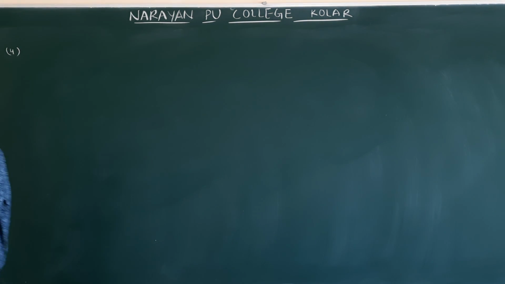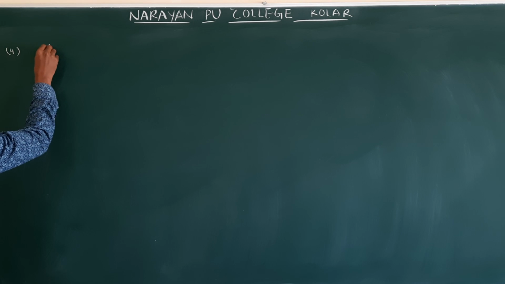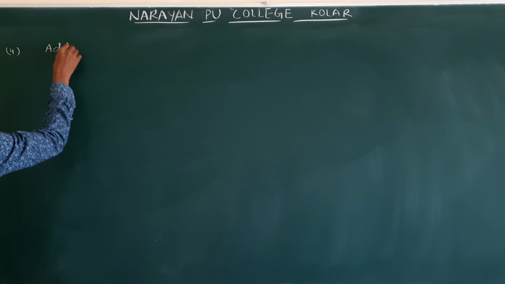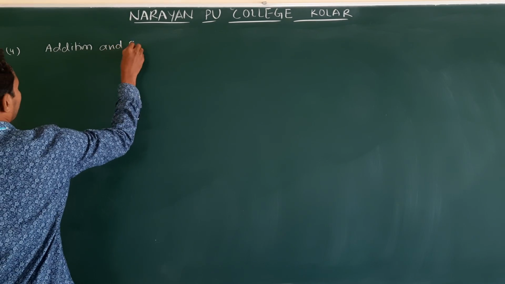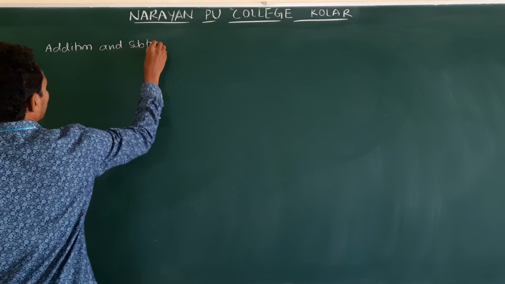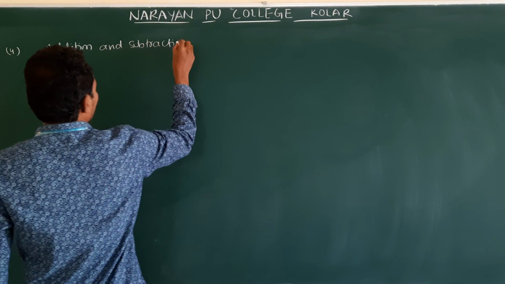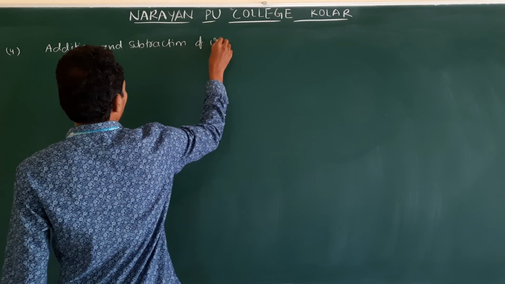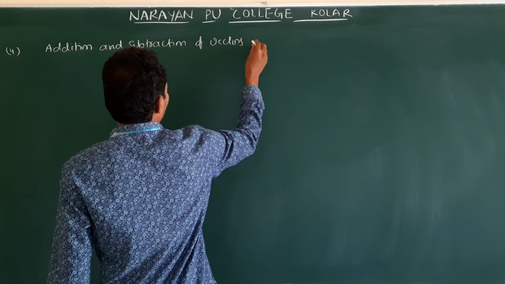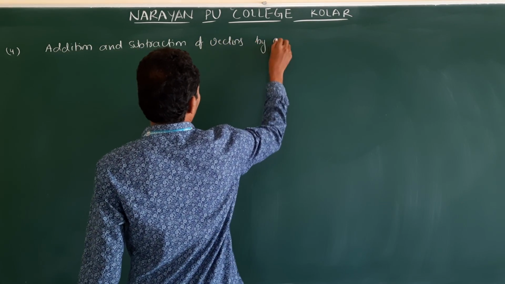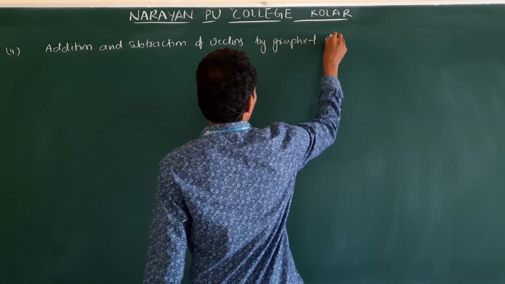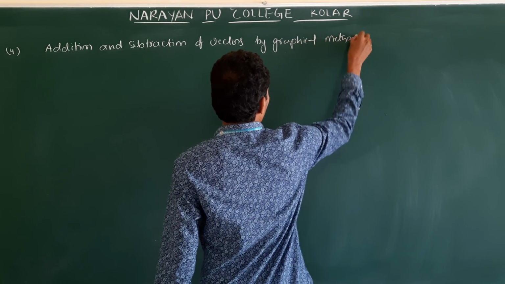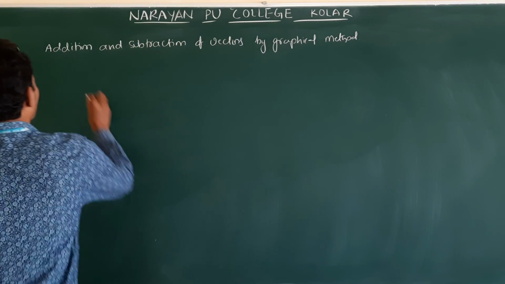What is that? Addition and subtraction of vectors by graphical method. Okay?